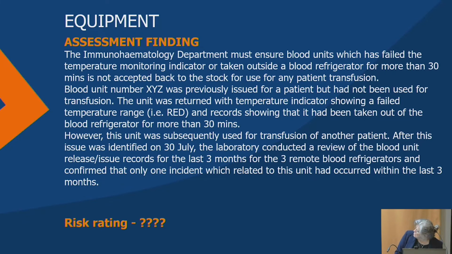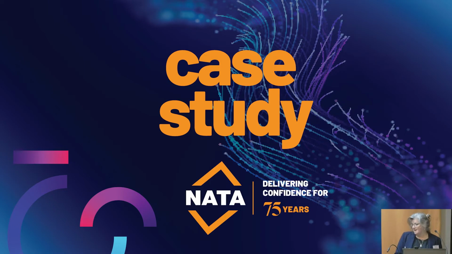A review did show that only one incident had occurred in the last 3 months, which was good, but I think the risk rating for this one should obviously be very high. So that was followed up.